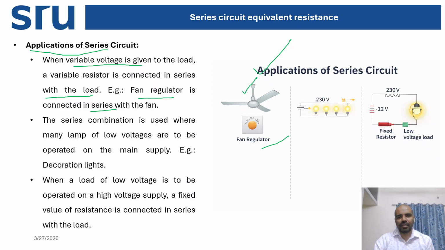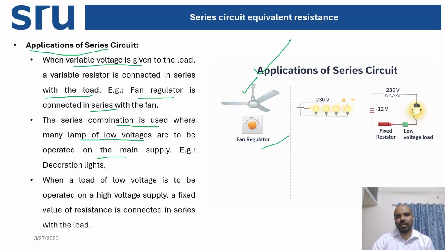Second, if you want to connect many low voltage lamps, then you need to connect them in series. So the series combination is used for many low voltage lamps which are operated from the main supply.